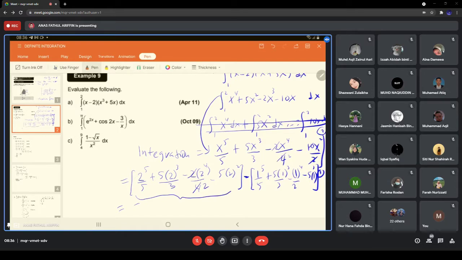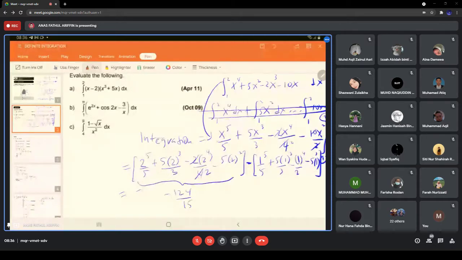So from here, bila kita dah substitute, we should get, okay, this one, we add up, we have negative 124 over 15. And then minus, okay, this one, we add up, we have negative 109 over 30.